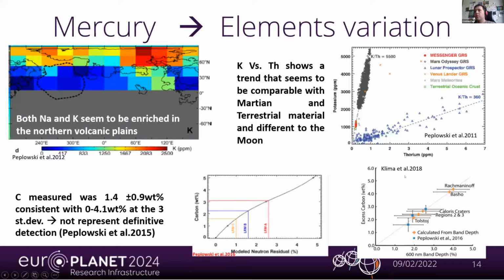And some authors tried to extrapolate this to other low reflectance regions, evidencing how at maximum we should have 5% of carbon in some of this low reflectance material. And this is something important to be taken into account for the study of the evolution of the crust, because these regions could probably be the remains of some of the primary crust of Mercury.